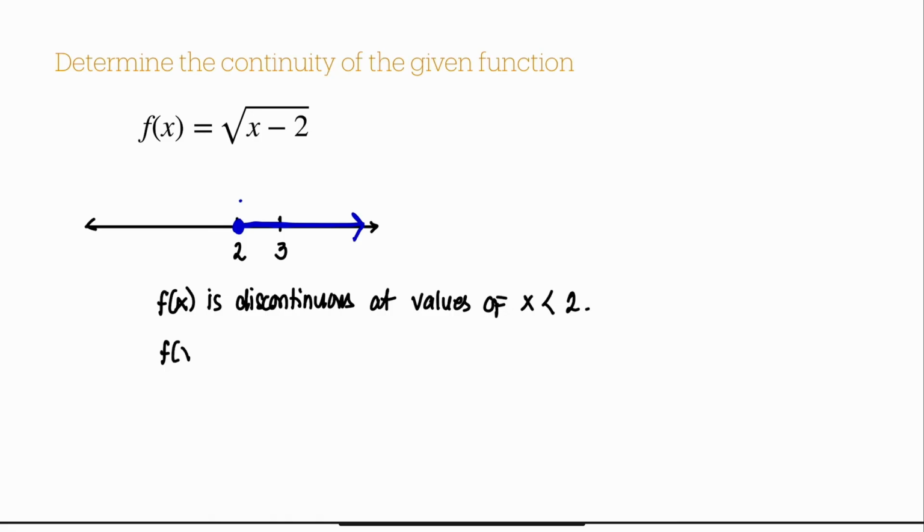And so f of x is continuous at, use a bracket, 2 to positive infinity. Again, 2 is included. So it's a closed interval because 2 is not going to make the radicand imaginary.